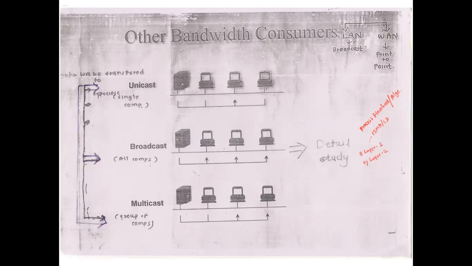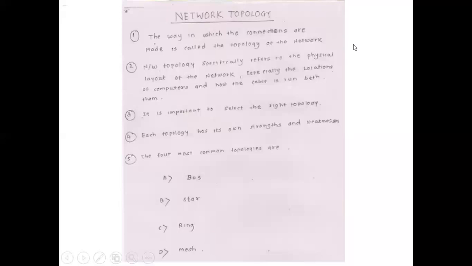So now I hope you have understood unicast, that is one to one; broadcast, one to one but the packet is broadcast to others also, so it becomes one to all; and third, multicast, that is one to a specific group of computers.